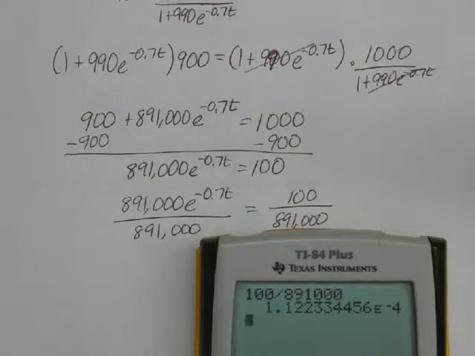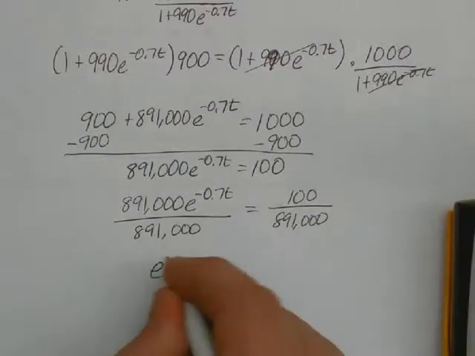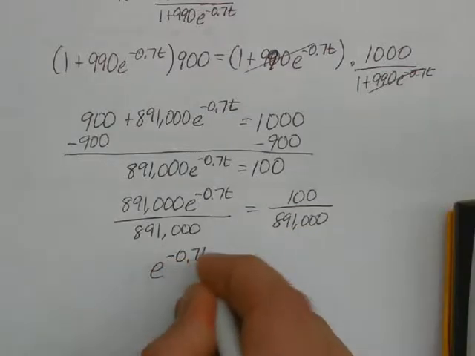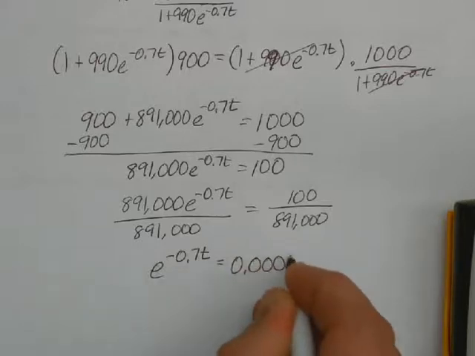Now be careful. I know some students working on class today wrote this as 1.122. It's not 1.122. It's about 1.122 times 10 to the negative fourth power. So you need to move the decimal over 4 spaces to the left. So e to the negative 0.7t equals 0.0001122.